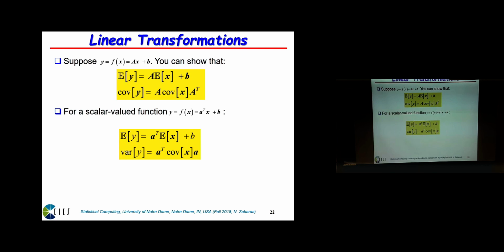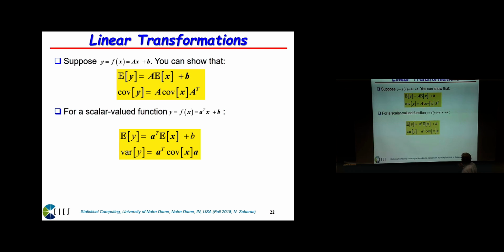A little bit of a parenthesis and appendix here. If we have two variables, x and y, that are linearly dependent, where x and y are vectors and A is a matrix, the expectation of y basically follows this equation: A times the expectation of x plus b.